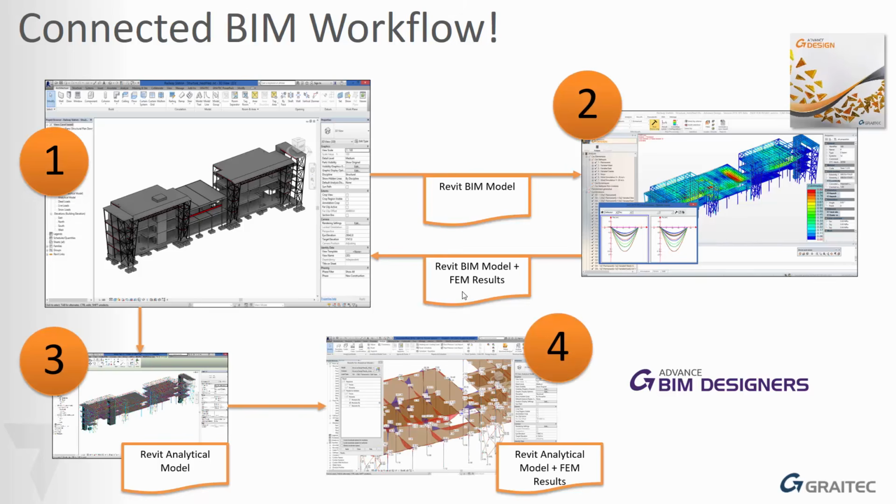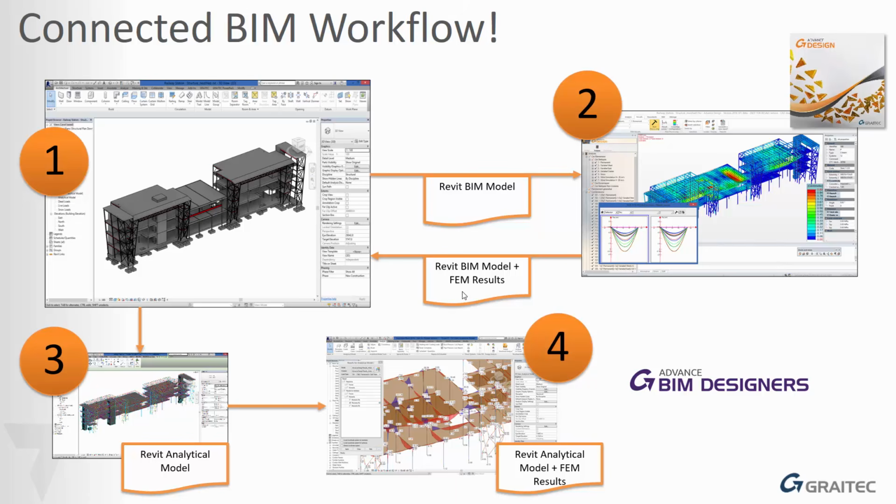For example, we'll start in a Revit model. We'll be able to send it to our analysis and design software, in this case Graitec Advanced Design. We'll be able to add our loads, our analysis, and run our design. When we're happy, we're able to send all that information, again that intelligence, that geometry, those loads, even the design results and design assumptions, back into Revit.